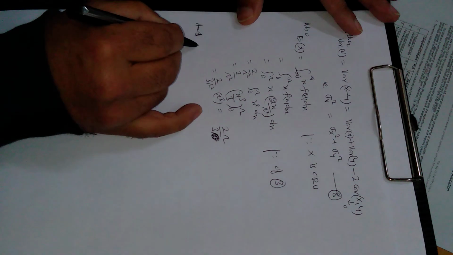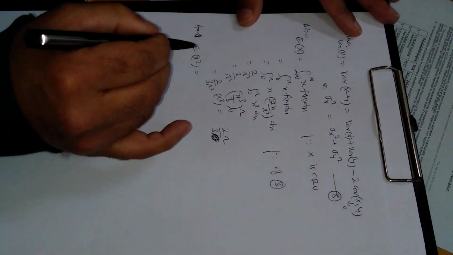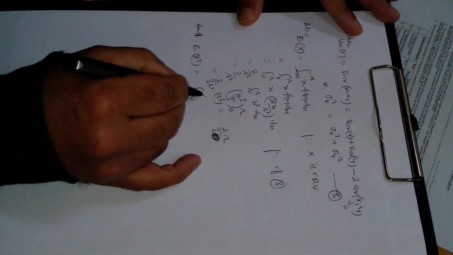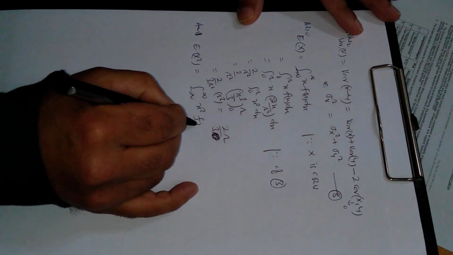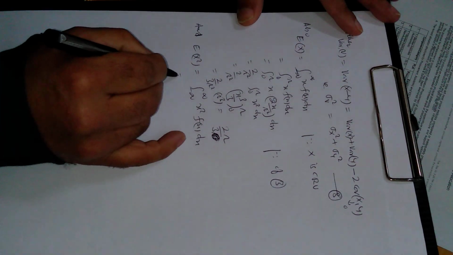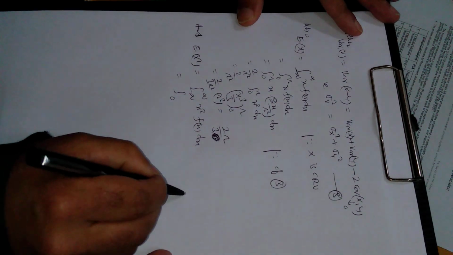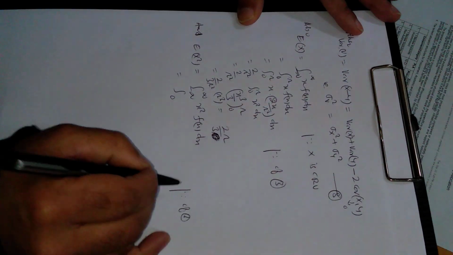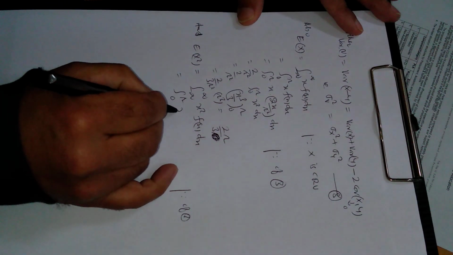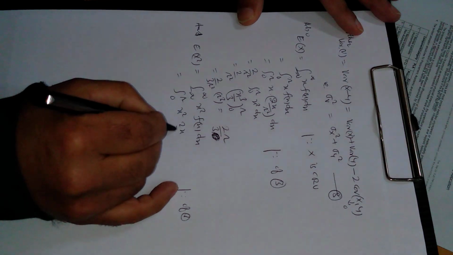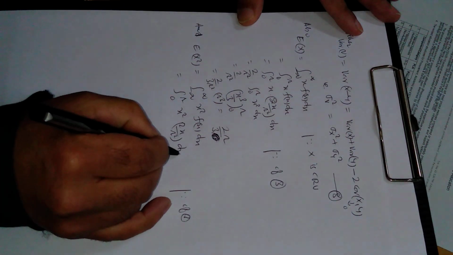And E of x square is defined like this: minus infinity to infinity of x square f of x dx. Because of density function 3, this will reduce to 0 to r of x square times 2x upon r square with respect to x.